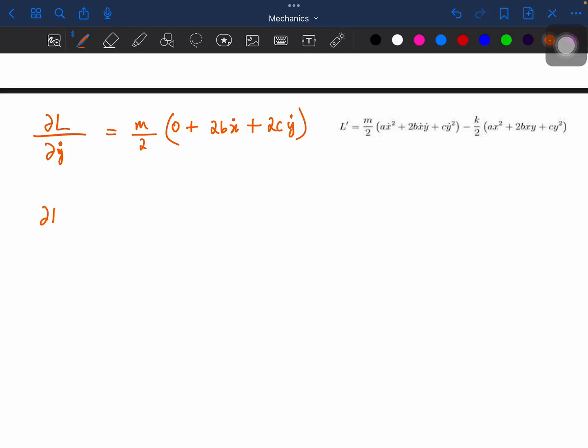Now similarly for ∂L/∂y, you will get minus k/2 into (2bx plus 2cy).